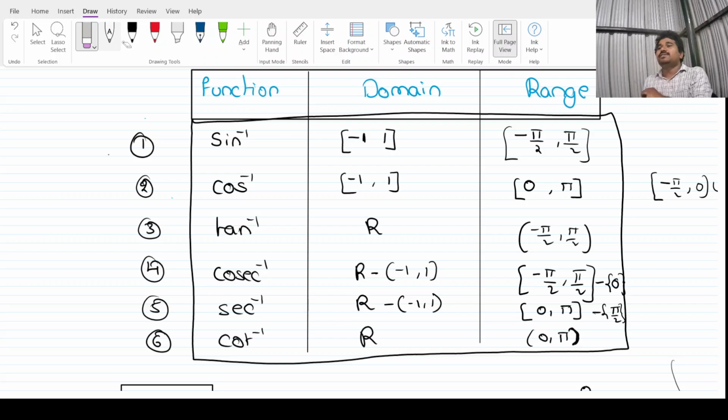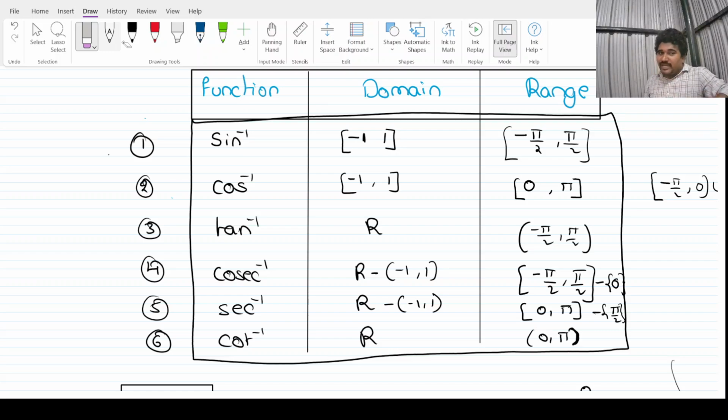Secant inverse, 0 to pi, except pi by 2. Cot inverse, when you observe, 3 people will have 0 to pi, 3 people will have minus pi by 2 to pi by 2. Yes or no? Keep that in mind. Which of them have minus pi by 2 to pi by 2? Sine, tan, cosecant. Yes or no? Sine, tan, cosecant.